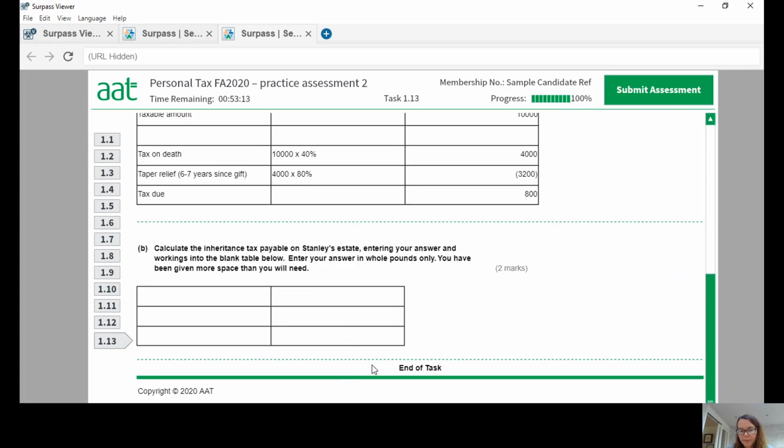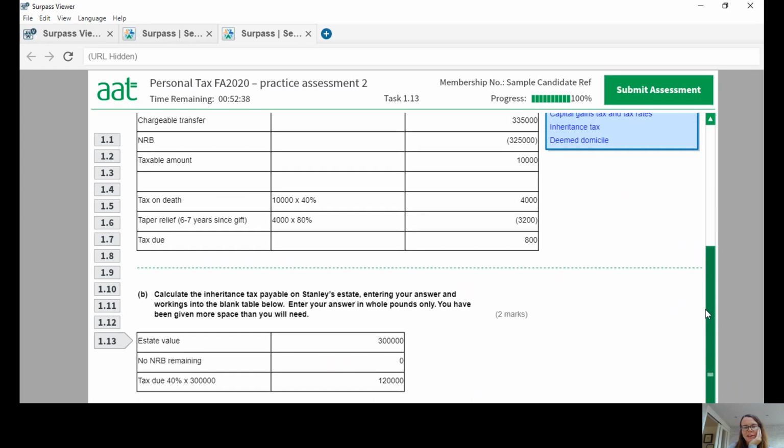So the estate value is 300,000. No nil rate band remaining. We've used it all on the gift to Emily. So the tax due will be 40% of the 300,000, which is 120,000. Yuck.